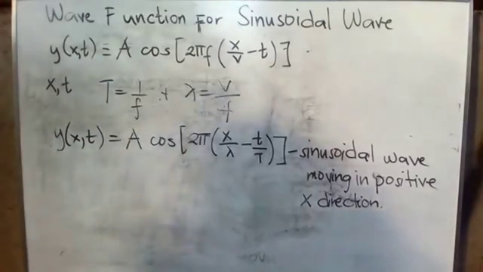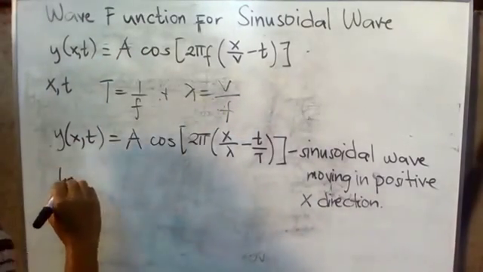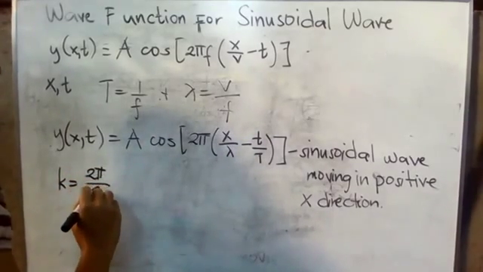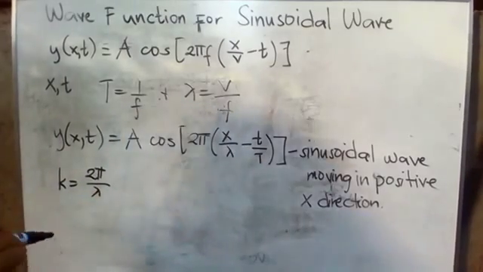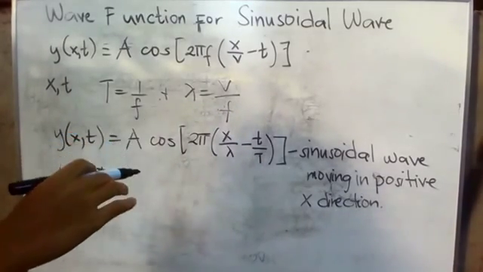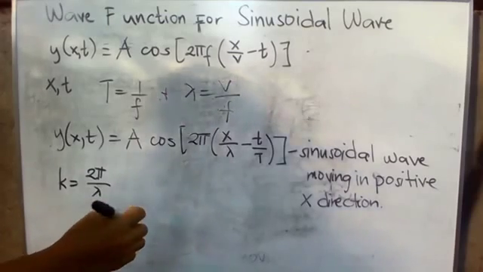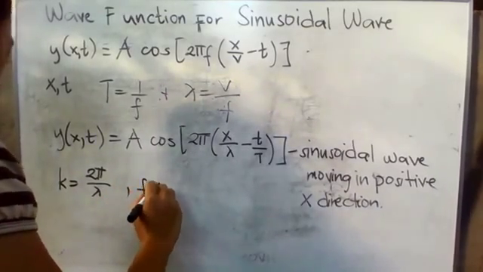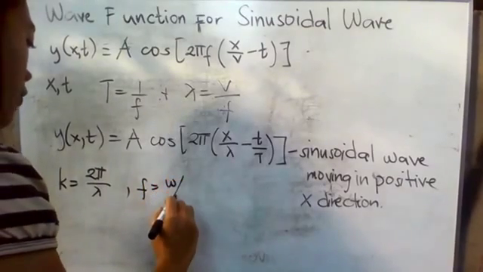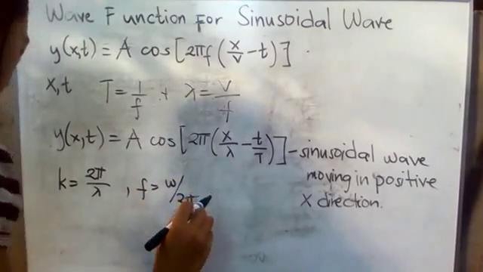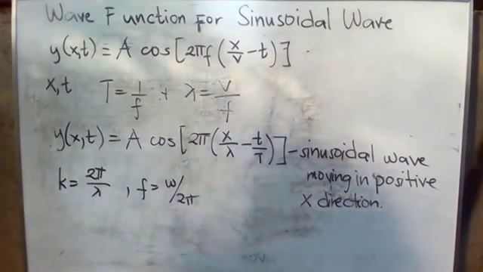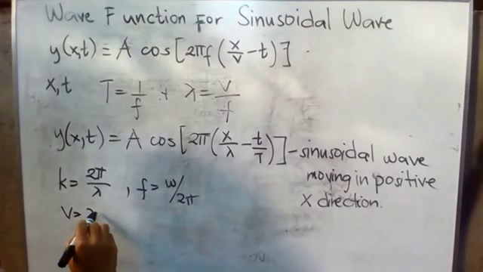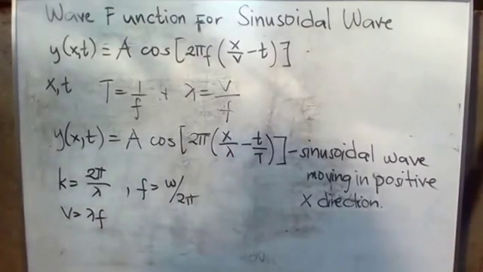We can also define the wave number k, which is equal to 2 pi over lambda. So we will substitute the value of k and f, where f is equal to omega over 2 pi, into the wavelength-frequency relationship. So v is equal to lambda times frequency.